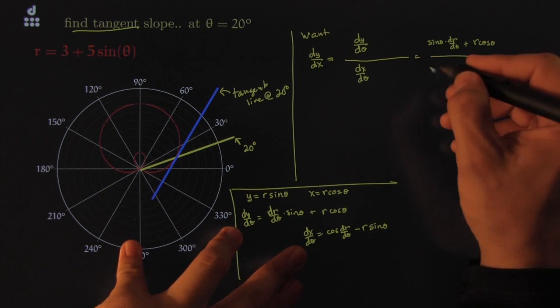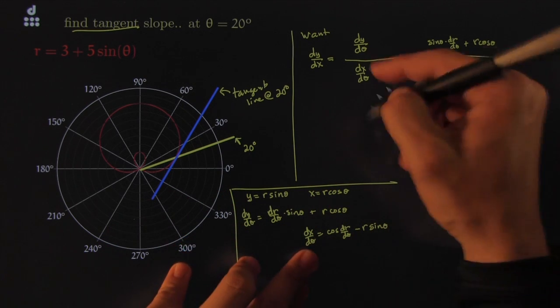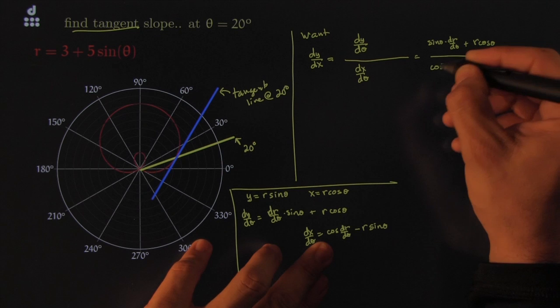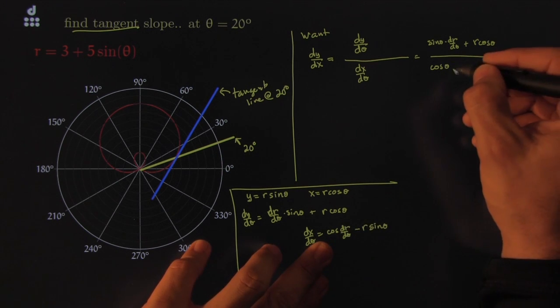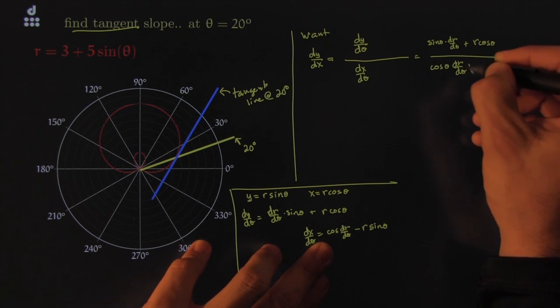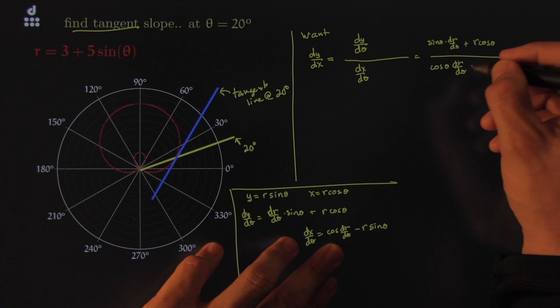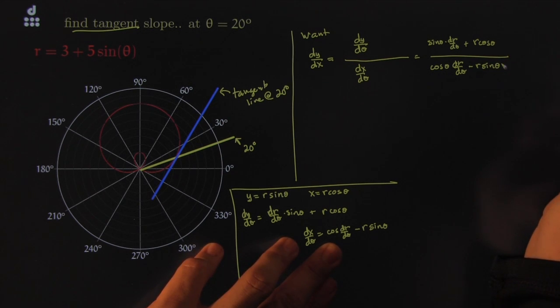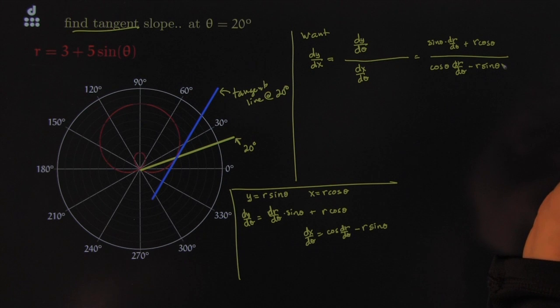That's what goes here in the denominator. So we have cosine theta dr d theta, actually minus, r sine theta.